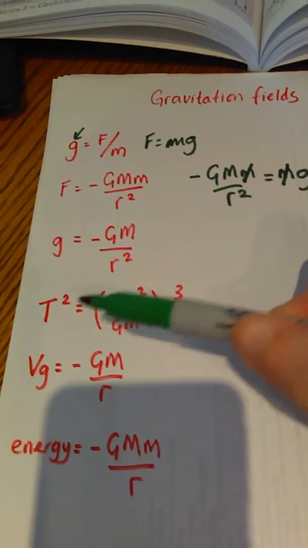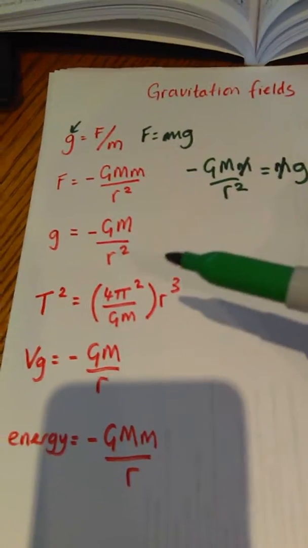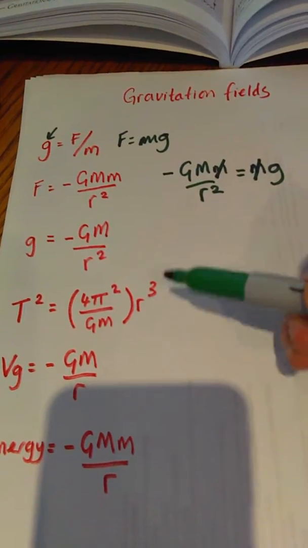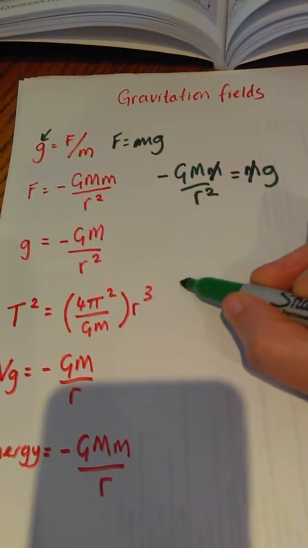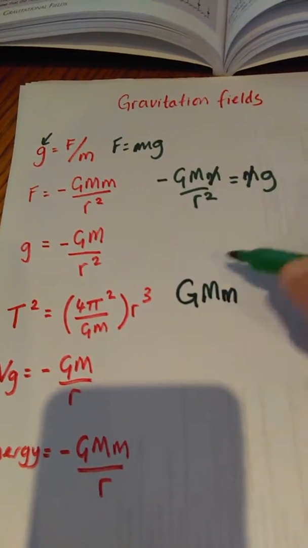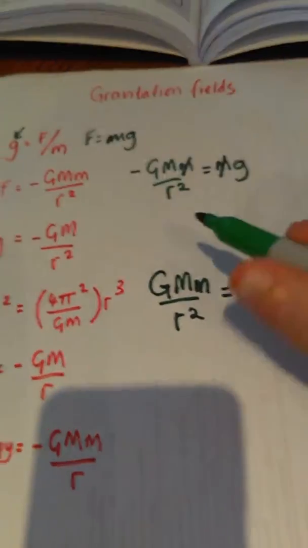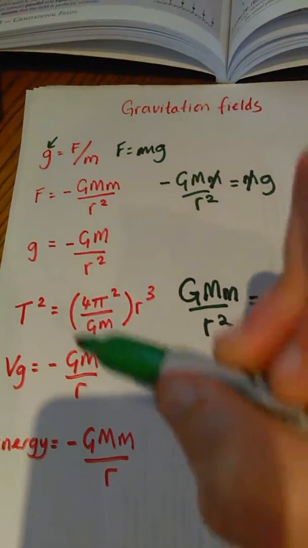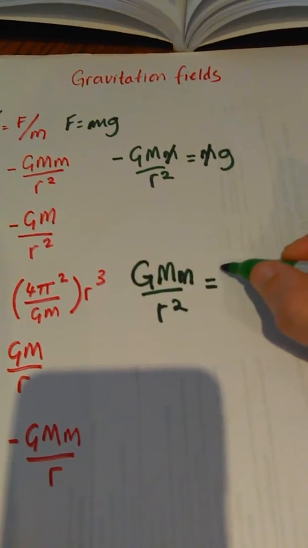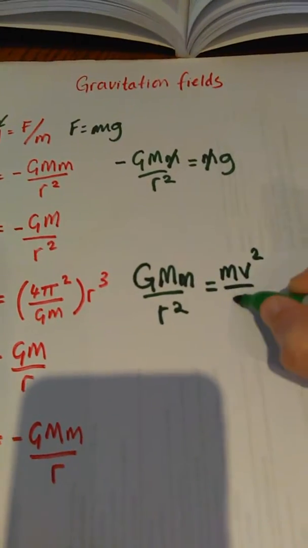Now this one is really Kepler's third law, that T squared is proportional to r cubed. They quite often get you to derive this. To derive it, we need our equation for force from Newton's law of gravitation, and you put that equal to the centripetal force, because things are going round in circles: force is equal to mv squared over r.